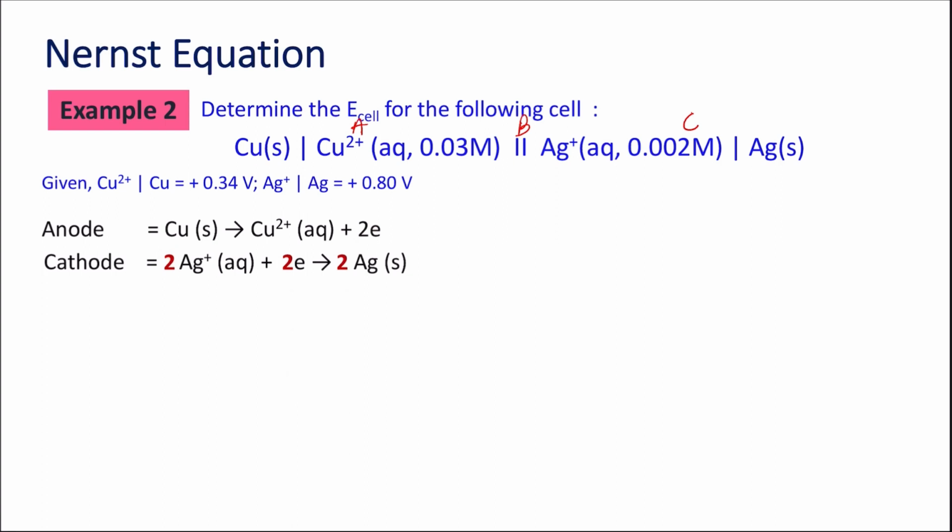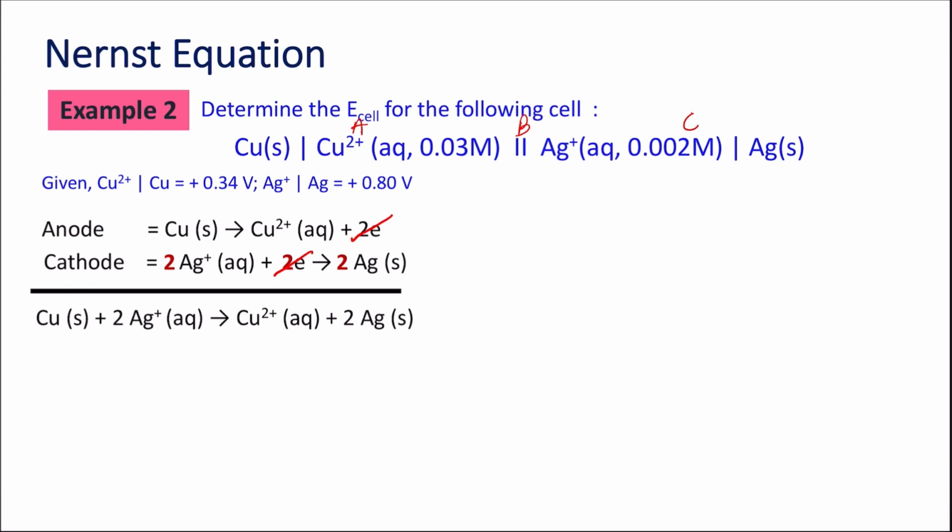So kita akan dapat 2 electron cancel out each other, so you will have, this is the overall equation. And then case yang sama, kita calculate dulu E0 cell daripada SRP value yang diberikan. Keep it as it is, awak akan dapat positive 0.46 volt.